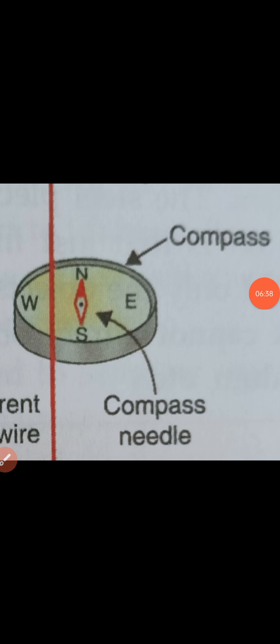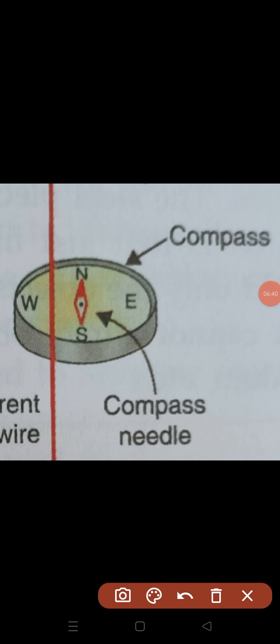So when no current is flowing in the wire, the needle of the compass will point in the north-south direction only.